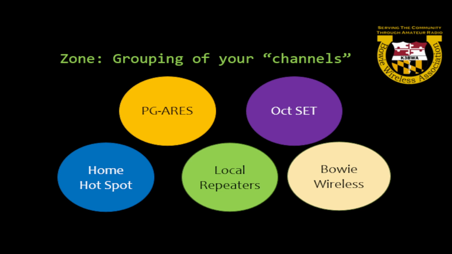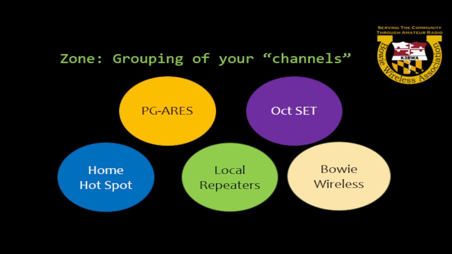The first one is PG ARES, for example. PG ARES is a local ARES group in Prince George's County, and there's a set of frequencies used to communicate with other members. These are analog repeaters and simplex, for example. When I'm doing my operations, I want to be able to have my radio set to this particular PG ARES zone, and then I can move my radio dial and move between the frequencies in that zone.